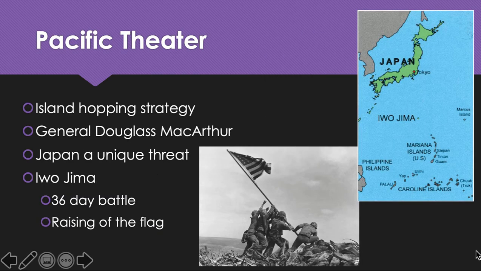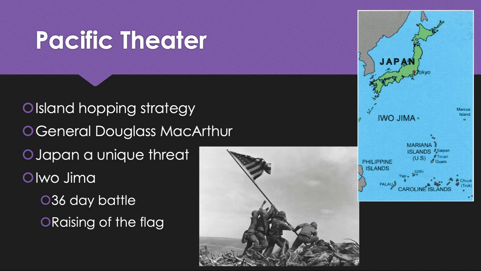When we look at the Pacific Theater, we have to look at the strategy that is going to be deployed here. The goal is to island hop. You see that around Japan there are many, many islands, and the goal was to hop across these islands, take them under Allied control, and move closer and closer and closer to the mainland, where we could strike a mortal blow to the Japanese.